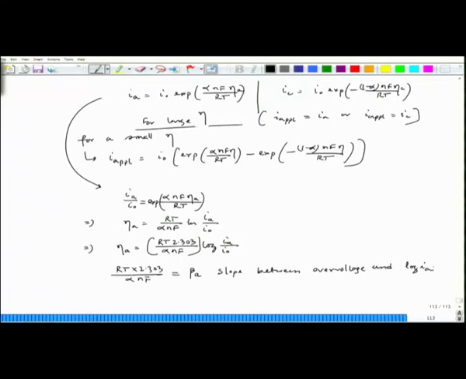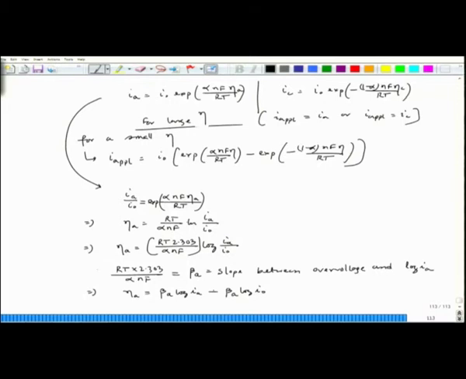The plot is basically nothing but a slope between overvoltage and log IA, and this we can relate in a linear equation: eta A equal to beta A log IA plus minus beta A log I0.